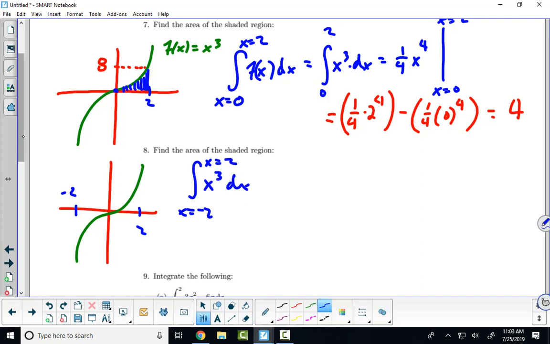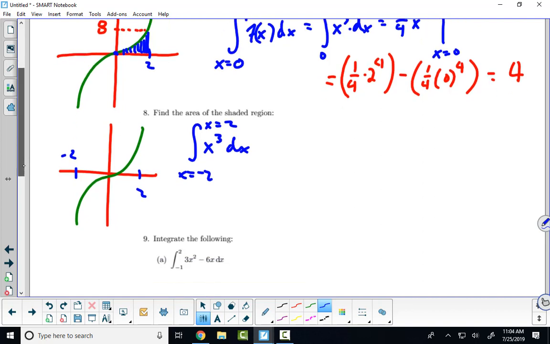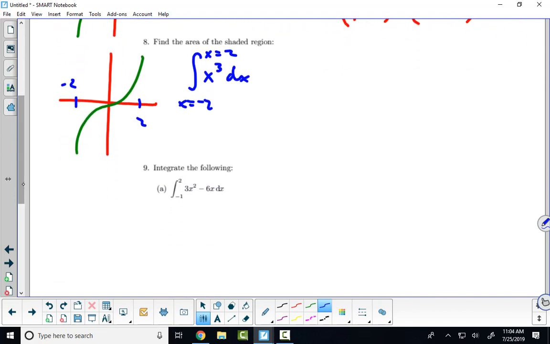Okay, what am I asking you to do here, folks? What am I asking you to do right here? I'm asking you to compute the net area underneath the curve between. So I'm asking you to find this net area right here.